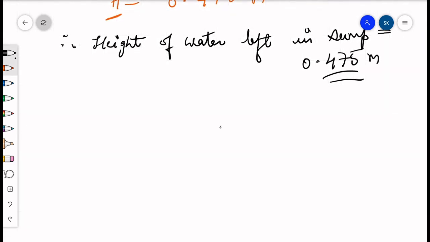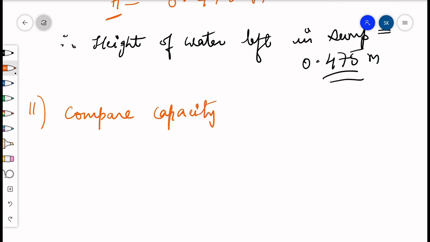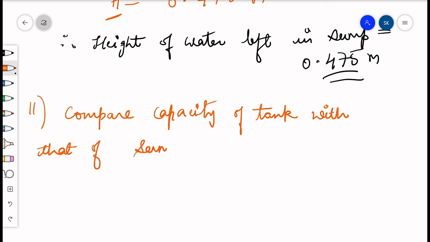Now let's solve the second part. What is the second part? Compare the capacity of the tank with that of the sump.